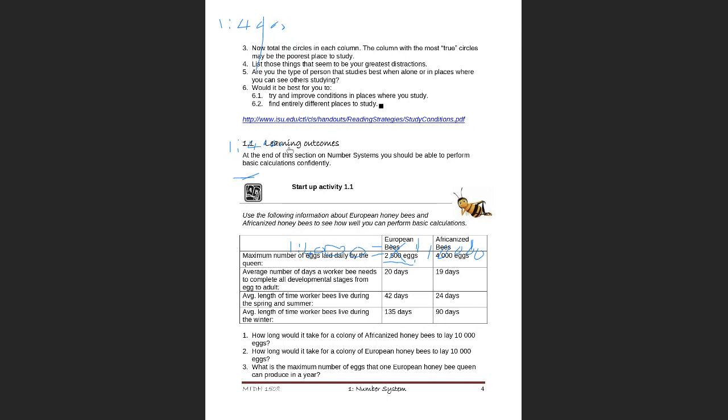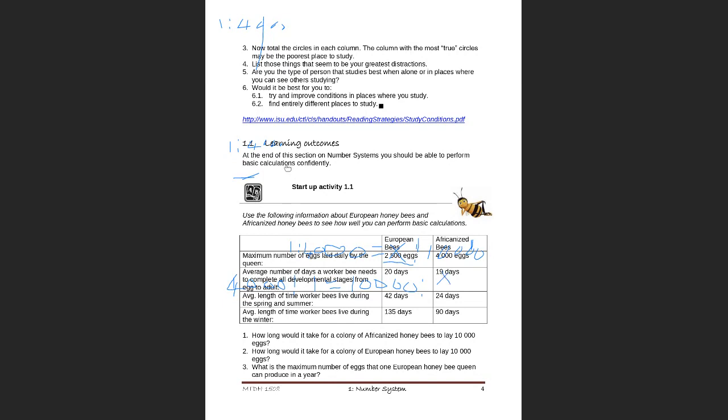For 4,000x, it will take 1 day for it to lay 4,000x like this. 4,000x for 1 day. Then it will equate to 10,000x for x days.